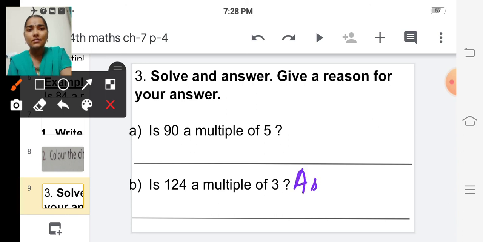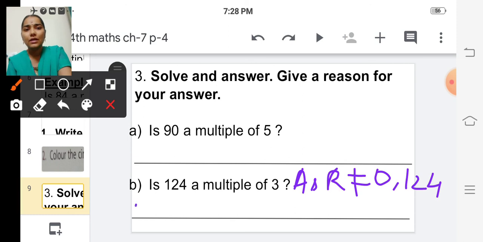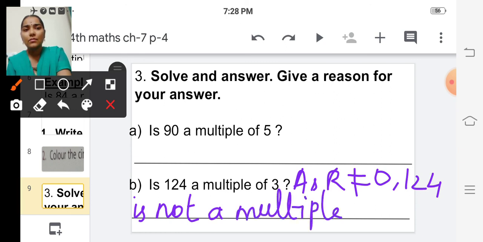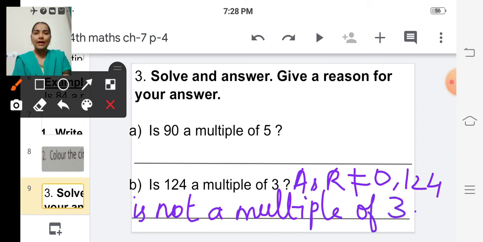As remainder is not equal to 0, 124 is not a multiple of 3. Okay. As remainder is not 0, 124 is not a multiple of 3.